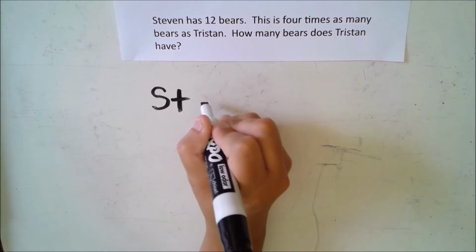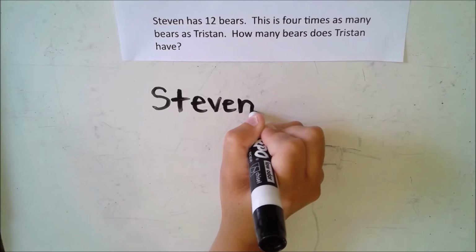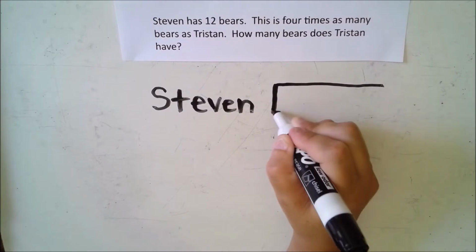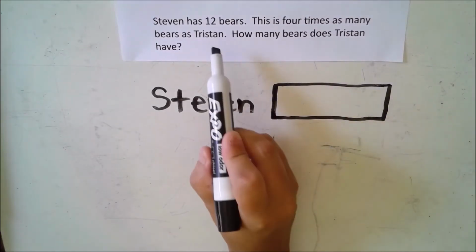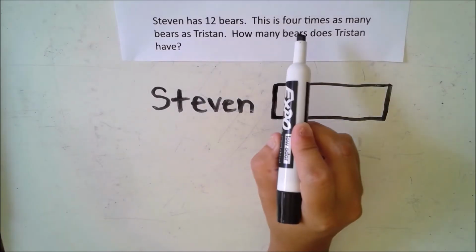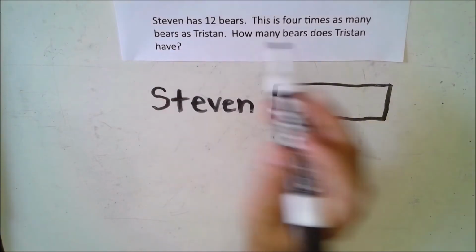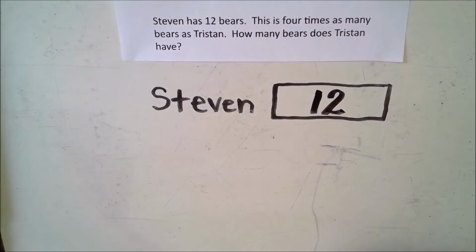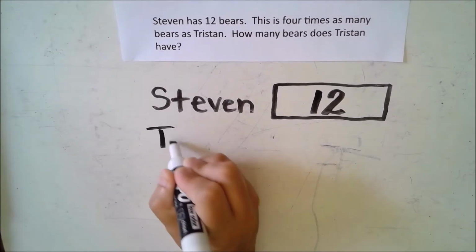Stephen's amount is greater, so his box is going to be a big box, because we know that this number is 4 times as many as what Tristan has. And we know that Stephen has 12. It would take 4 of Tristan's boxes to equal the same amount that Stephen has.